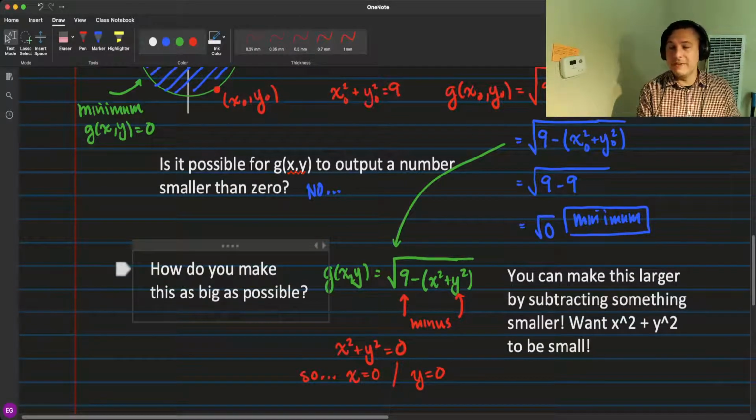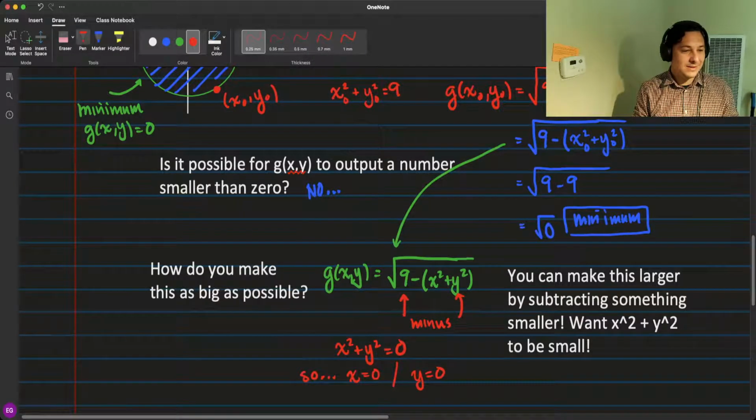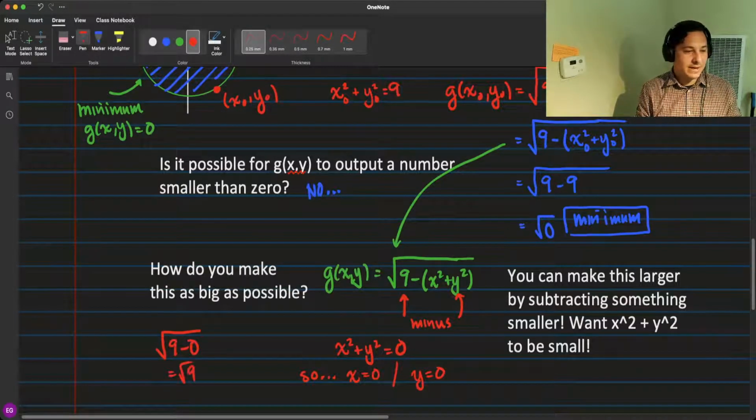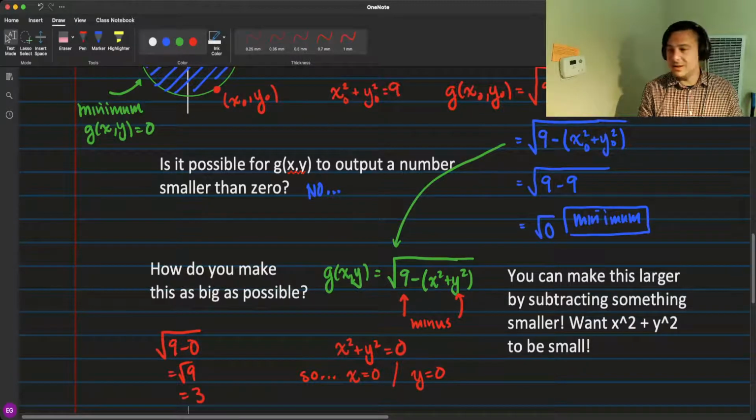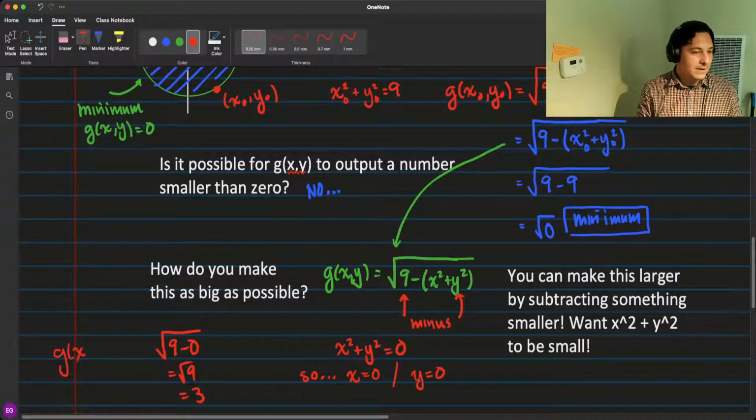What's the point where my function is as big as possible? It will be when you have 9 minus 0, which means that you get the square root of 9, which gives you 3. Where is g of x, y equal to 3? When x equals 0 and y equals 0.